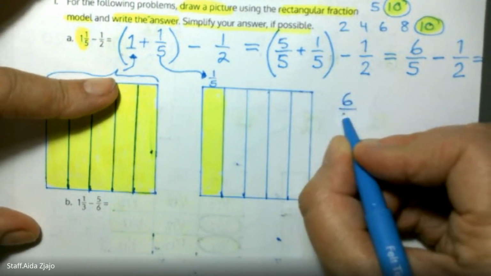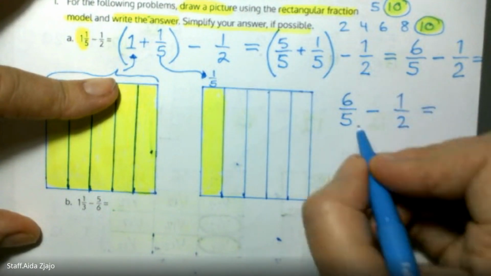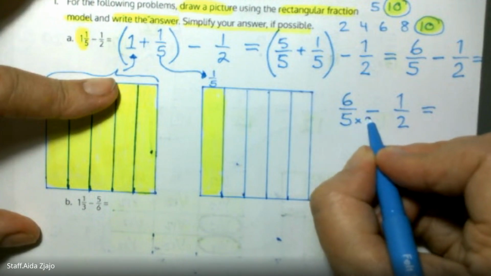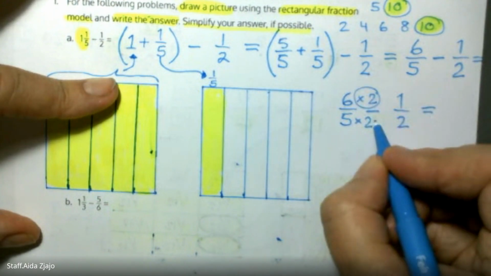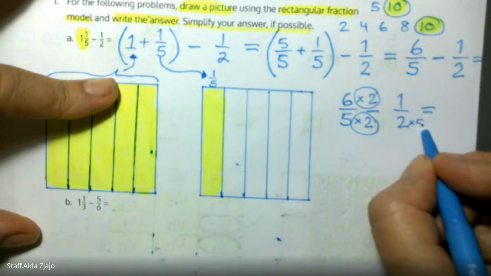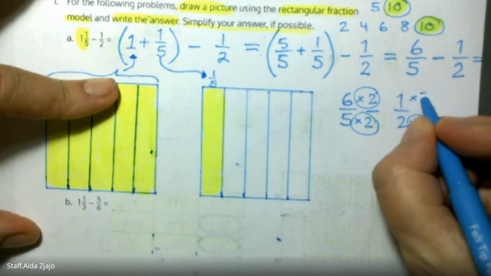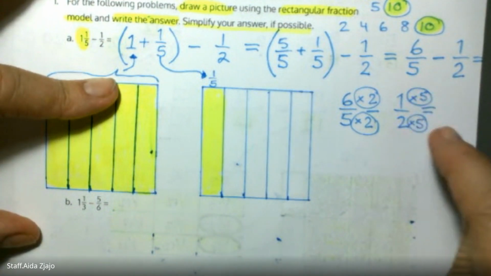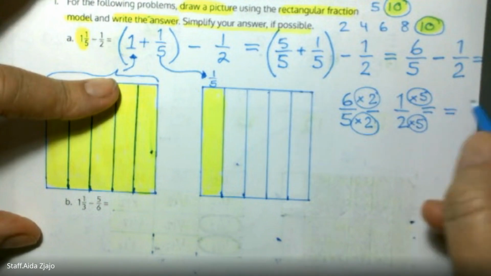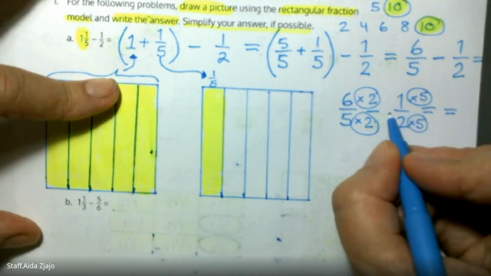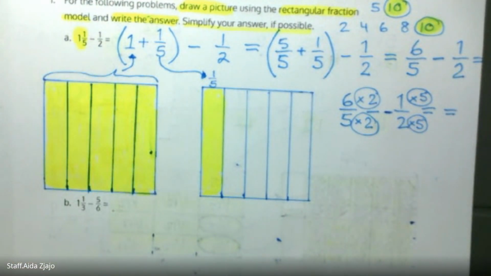So now 6 fifths minus 1/2. I can multiply the 5 by 2 to get tenths. And I also can multiply 2 by 5 to get denominator 10. Whatever I do to the denominator, I have to do to the numerator in order to be precise and find how many pieces of each I have.